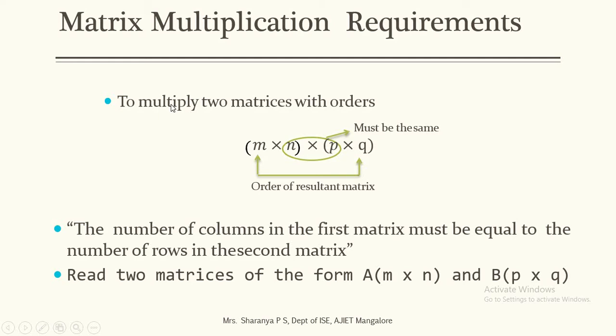a matrix will contain some number of rows and some number of columns. It is a representation of a two-dimensional array, which contains some number of rows and some number of columns.